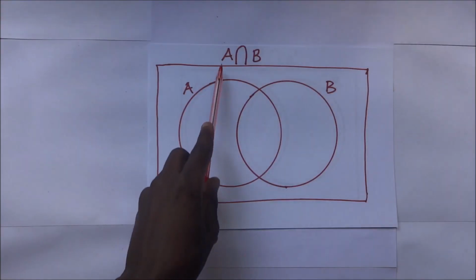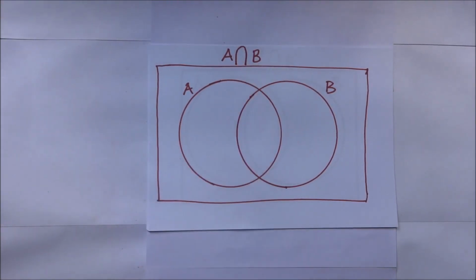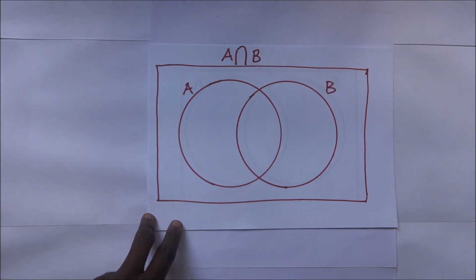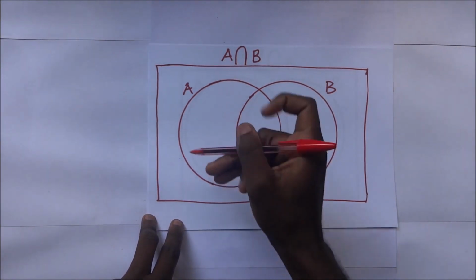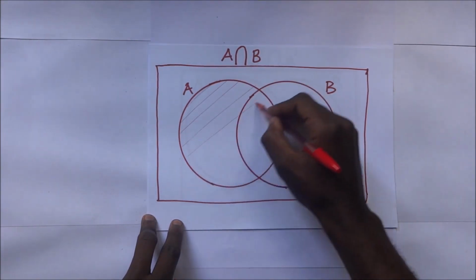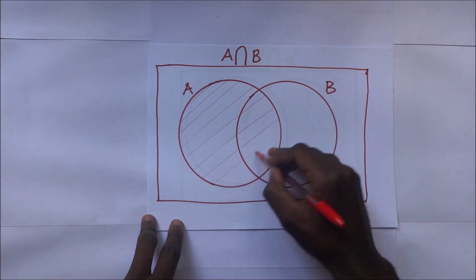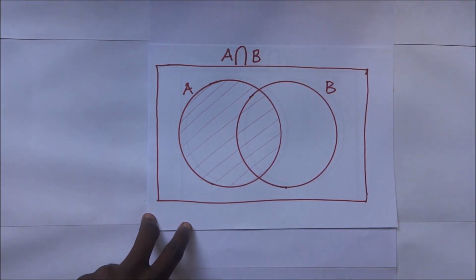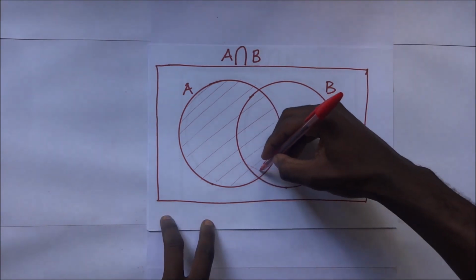In shading set A intersection B, we need to first discover where the intersection lies. So we are going to first shade set A, like that, using lines going in that direction. Then we shall shade set B, using lines moving in the reverse direction, in another direction.